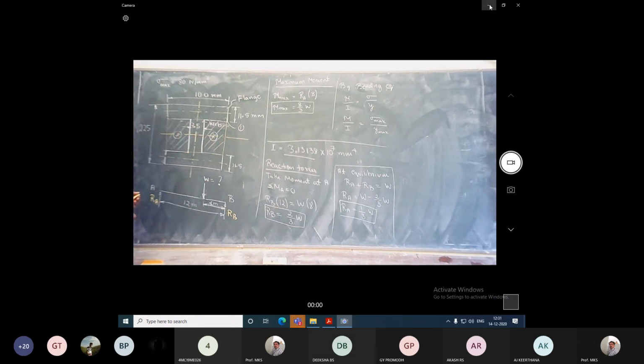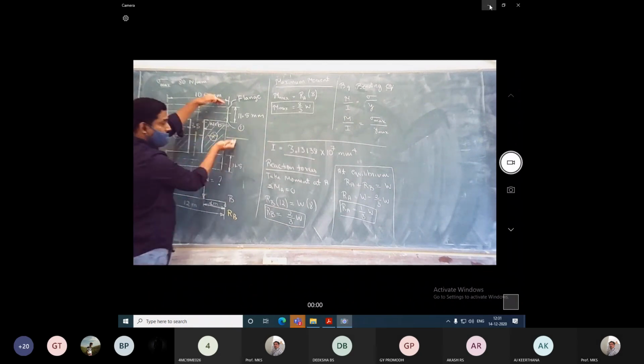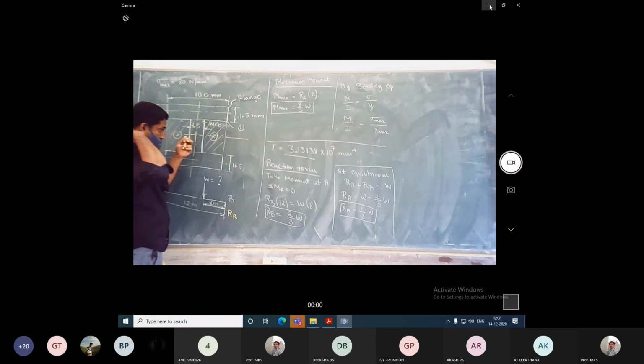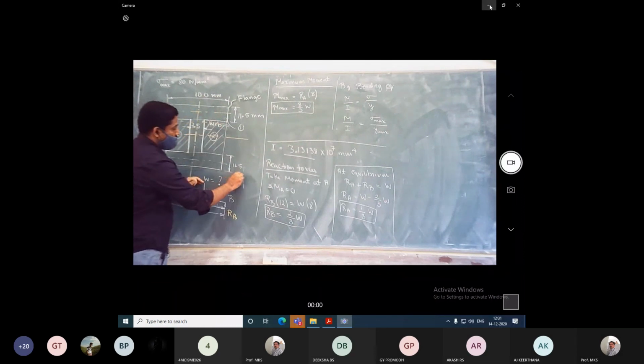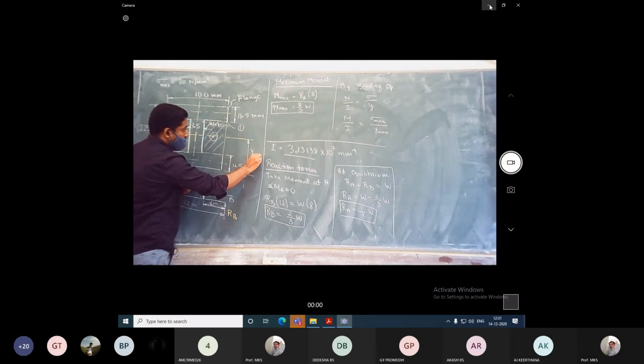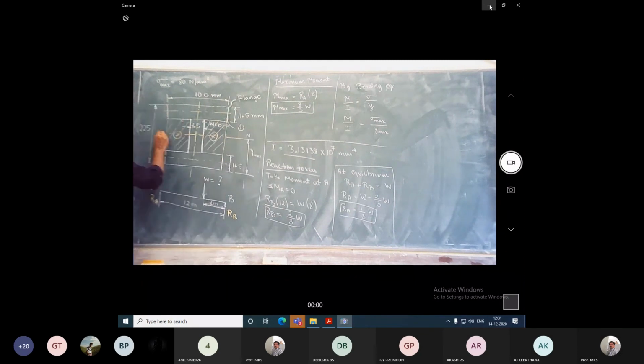It is the distance from the outer fiber. If you consider from top to neutral axis or bottom to neutral axis, since it is a symmetric section, this will be y max. This is the neutral axis, NA, exactly at the center.